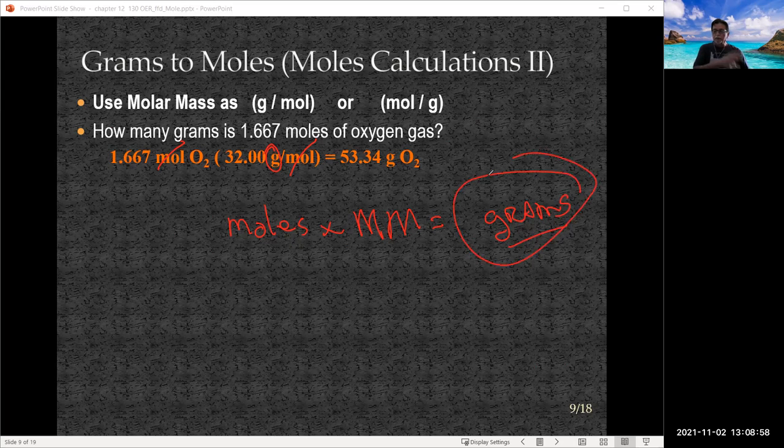I have moles, I want to go to grams, I multiply by the molar mass. So what does that infer? The opposite is, if I have grams and I want to get to moles, guess what? I'm going to divide by the molar mass. So moles to grams, I multiply. Grams to moles, I divide by the molar mass.